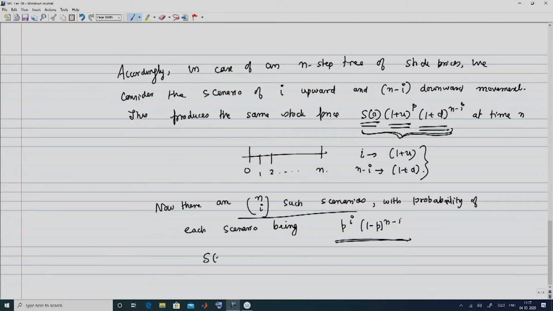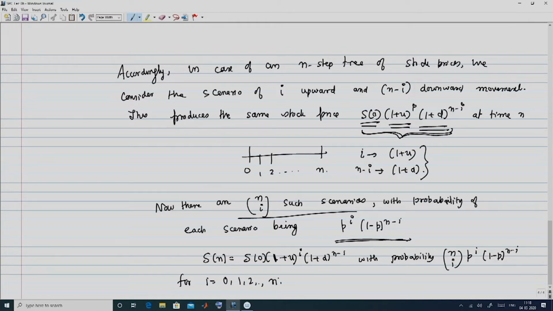So, this means that I can write S of n is going to be S0 into 1 plus u raised to i into 1 plus d raised to n minus i with probability p raised to i, 1 minus p raised to n minus i, and this can happen in n choose i number of ways, and this can hold for i equal to 0, 1, 2 all the way to n.